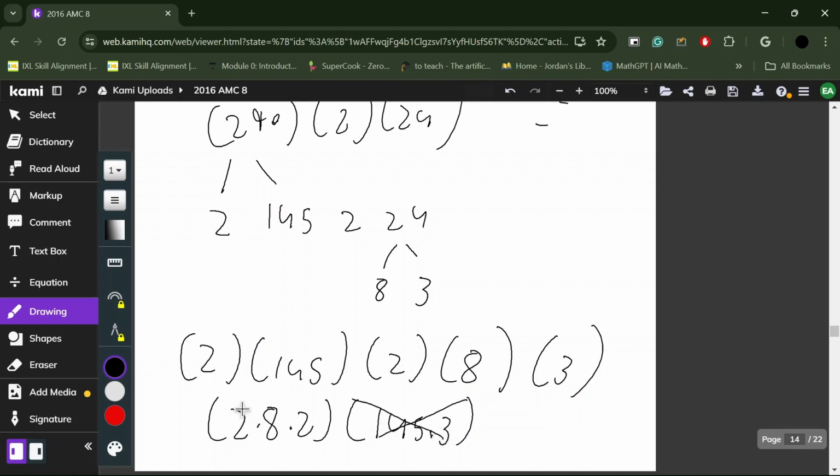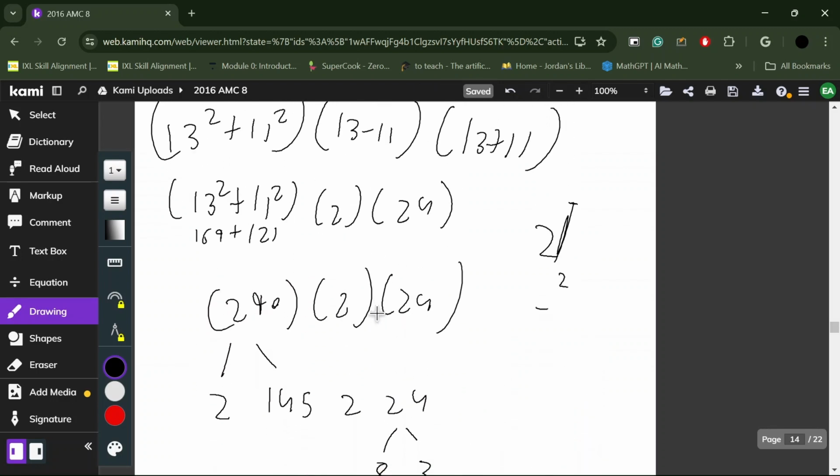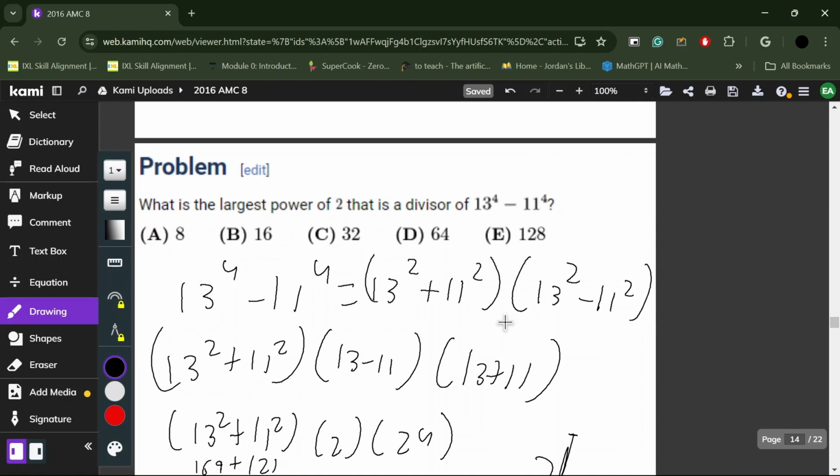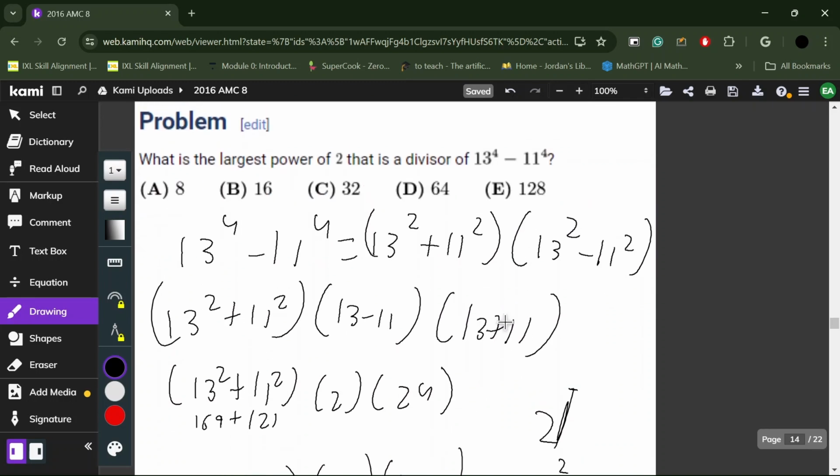But when we multiply these three numbers, we get 16 times 2 equal to 32. And that is actually our answer, because 2 to the power of 5 is equal to 32. And that is the greatest power of 2 that's a divisor of 13 to the power 4 minus 11 to the power 4. So we get C, 32.